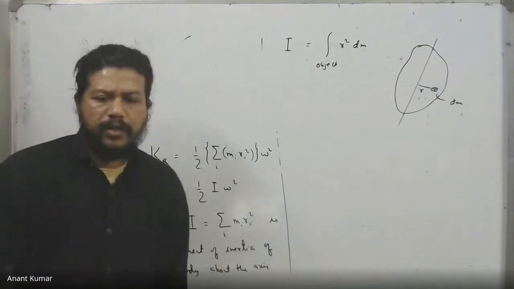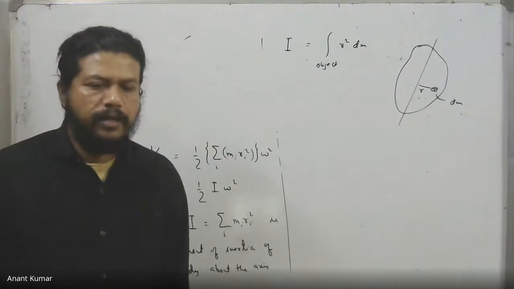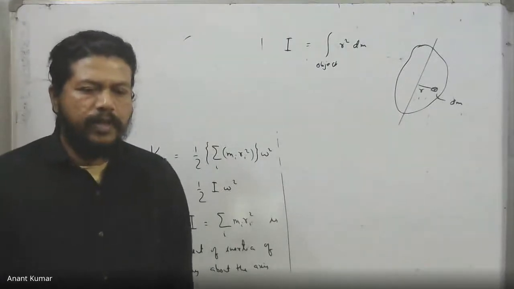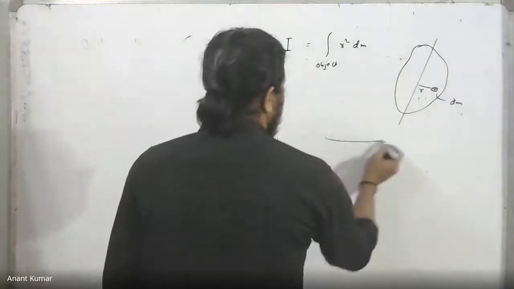An example is the ring. If you take up a ring or a hollow cylinder for that matter, and we try to look at the moment of inertia about the central axis of the body, you notice that for a ring or a hollow cylinder, we take up a ring like this.